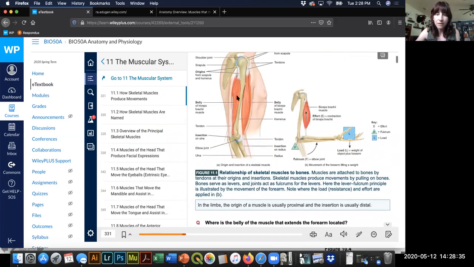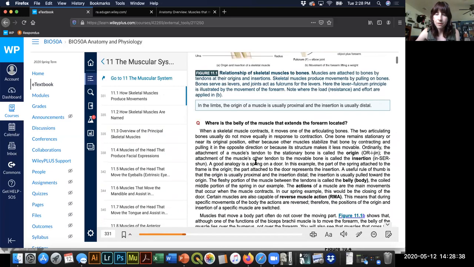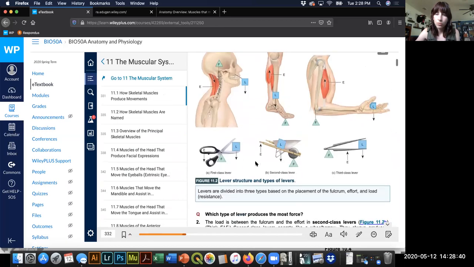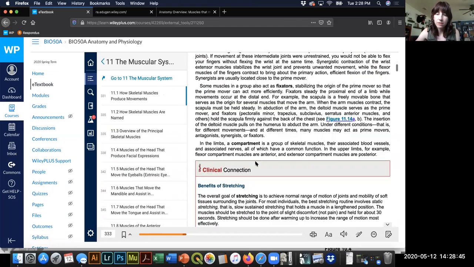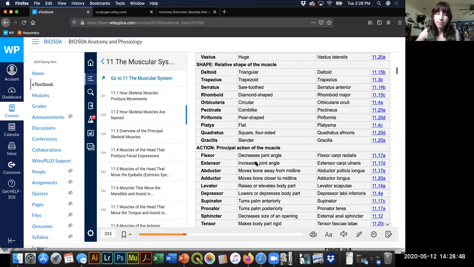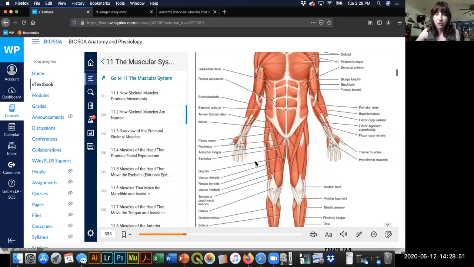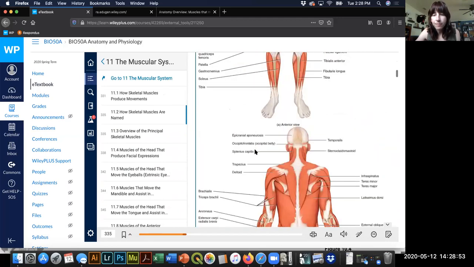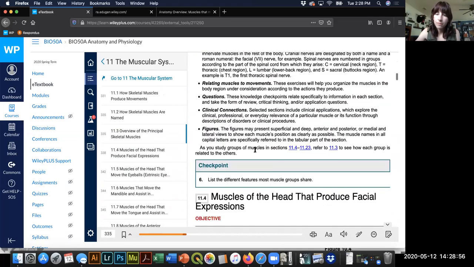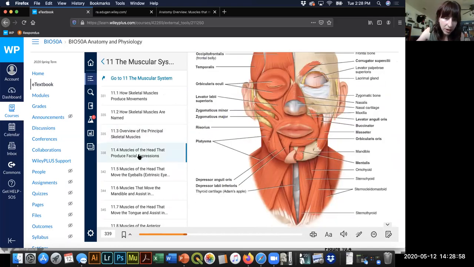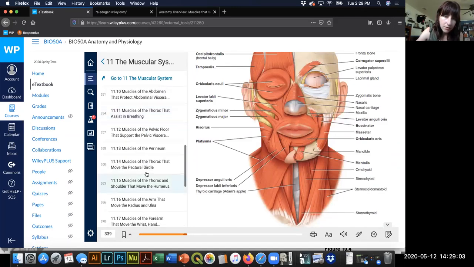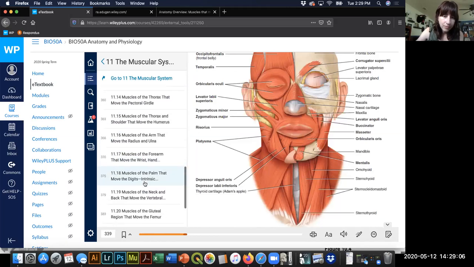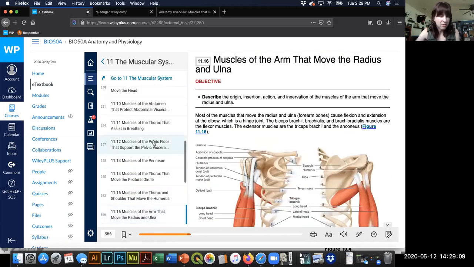Here they are again, the triceps and the biceps. Different fascicle arrangements. Oh, here's our buddy. Oh, I feel like we're moving in the wrong direction. We want this, the muscles of the arm that move the radius and ulna. Am I crazy? Why is it doing this? Yes. Okay.